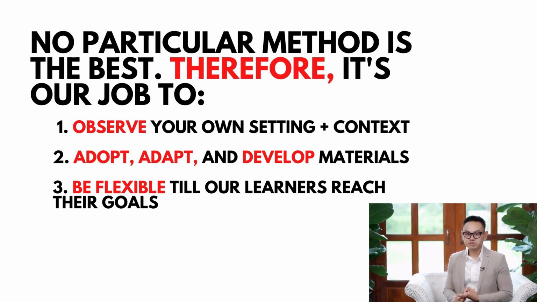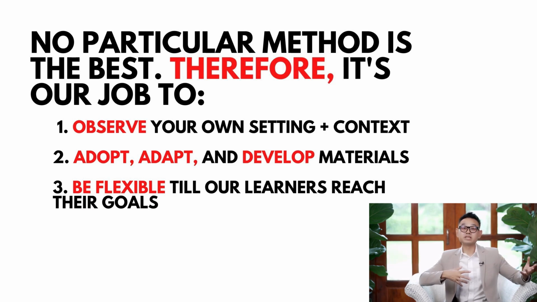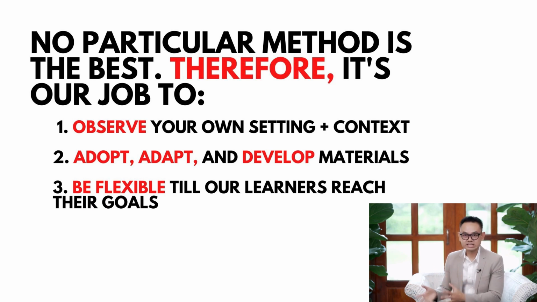Again, adopt means to take certain pieces of materials from somewhere else, related to your own setting and your context. Maybe it can be taken from online resources, or maybe from a commercial textbook. And then adapt it, and develop. By developing, it means that you have to create your own, you see? So it is a kind of combination here. It really depends on you and your setting.